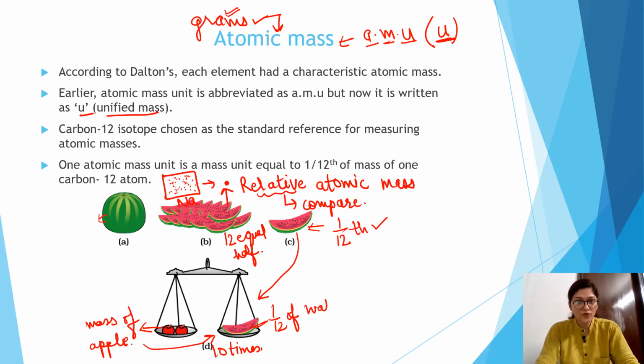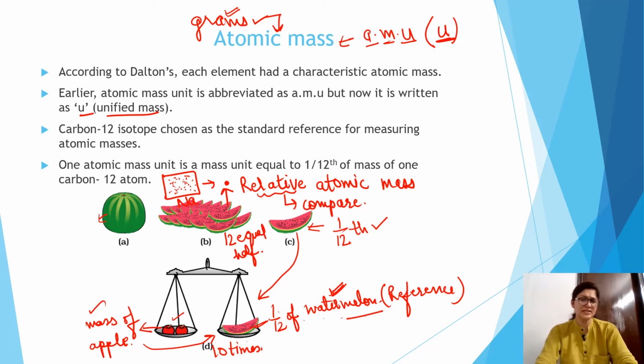If you want to know the mass of these apples, then you will take this apple on one side and compare it with a piece of watermelon, and you will say it is 10 times heavier than 1 by 12th part of this watermelon. In the same way, this 1 by 12th part is taken as a reference, so that you get to know the mass of the apple.